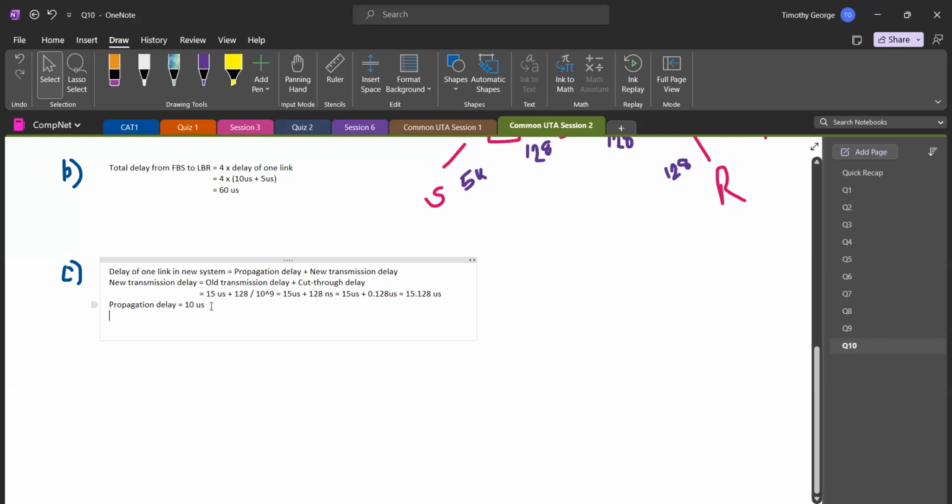Propagation delay is also in microseconds. Now what do we need to do? Total delay from FBS to LVR.